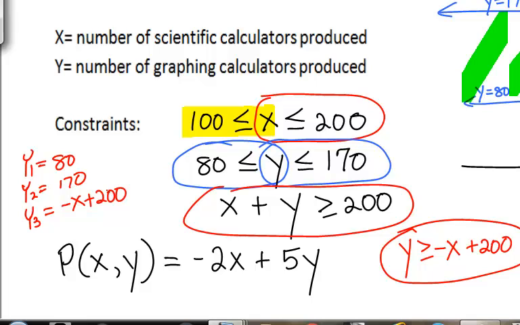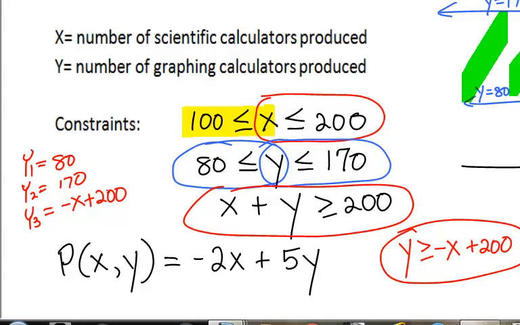Now I need to figure out where my vertical lines are. The only way I can do that on the calculator, I can't graph them, but I can see where they're at. So right above the trace key, do second function calculate value. And what's our first vertical line? 100.